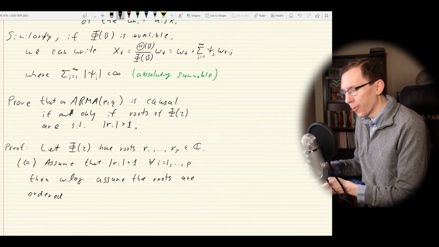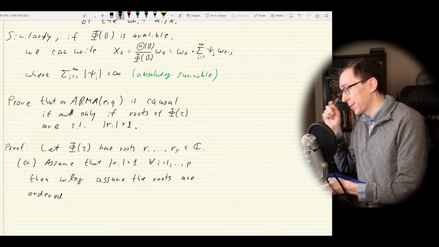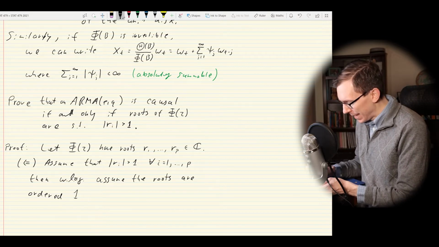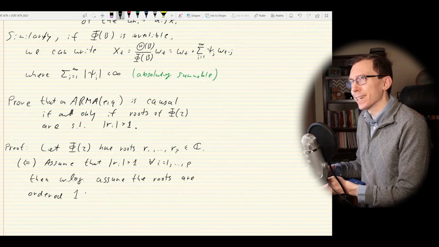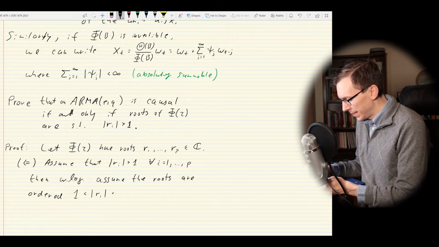Well, how are they ordered, right? We don't have a natural ordering on the complex plane like we would on the real line. We assume that they're ordered in their magnitude. So what I mean by that is, I guess you could define orderings on the complex plane. So I shouldn't say there is no natural ordering, but it's not as straightforward what the ordering should be. But it doesn't really matter.